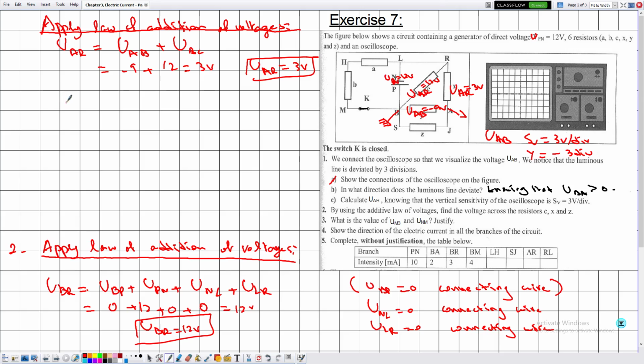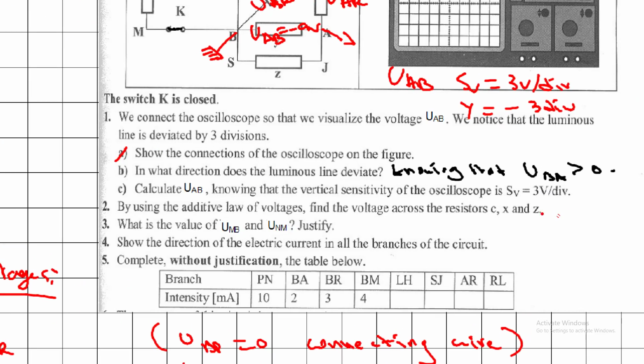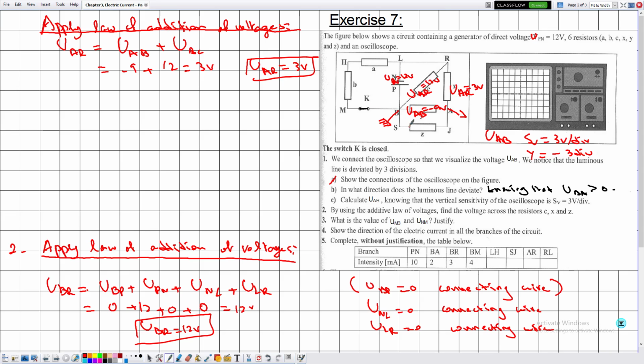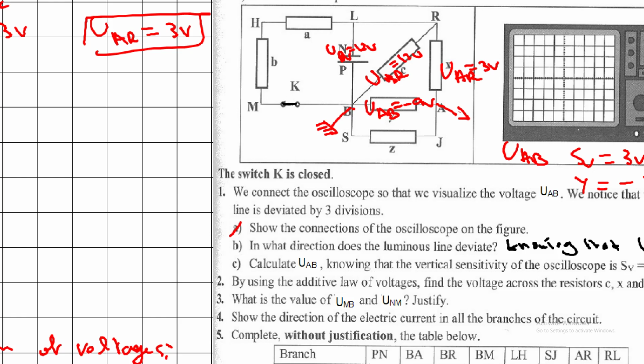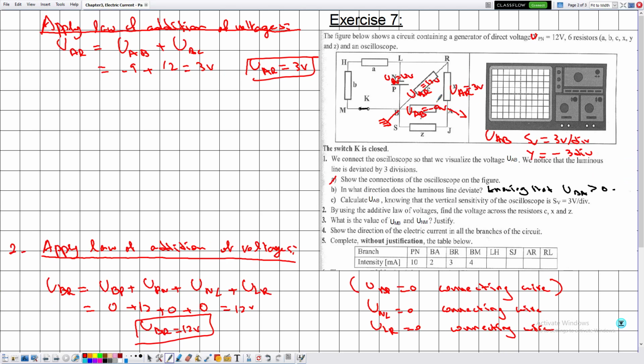Now let me apply the law of addition of voltages in order to determine the voltage Z. Here you can directly say that USZ is equal to UBA, because according to the law of uniqueness of voltages, they have the same voltage because they are in parallel. But it's more elegant to apply the law of addition of voltages.